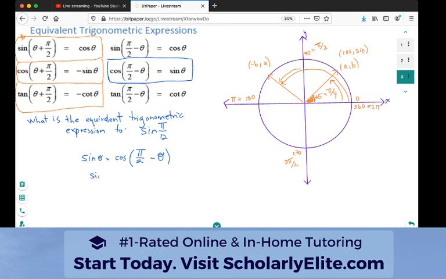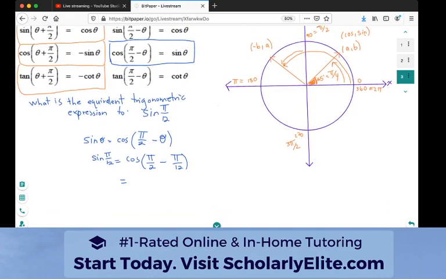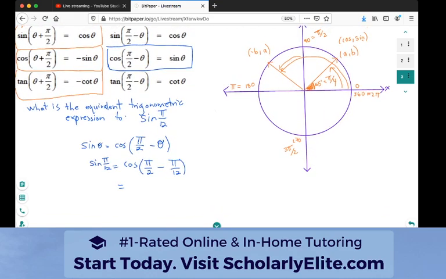So sine of pi by 12 is equal to cos of pi by 2 minus pi by 12.